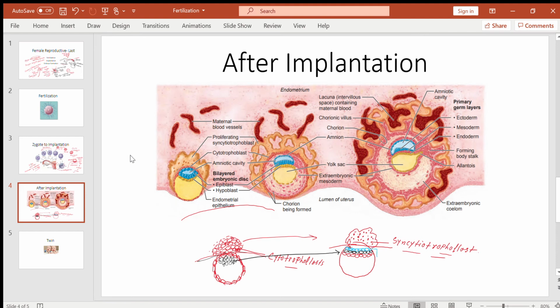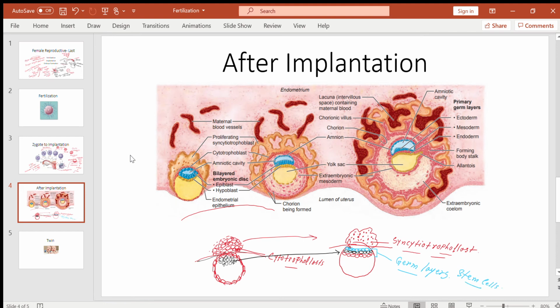Okay, and these three layers are very important. These are called germ layers, or germinal layers, stem cell layers. Okay, all these cells are stem cells. These cells are very important.